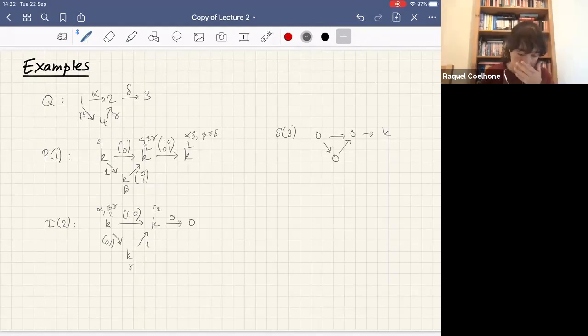And this means that the projective at 3 is just the simple at 3, right? There's no paths starting at 3, except for the constant one here. So this is the same as P3. So P3 is a simple if and only if Pi is a simple if and only if I is a sink. And then you have the dual, which is say S1 equals the injective at 1.